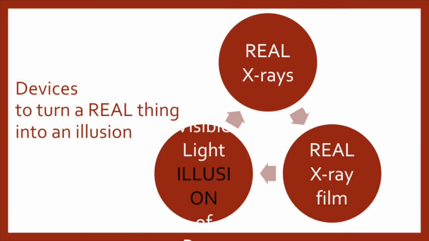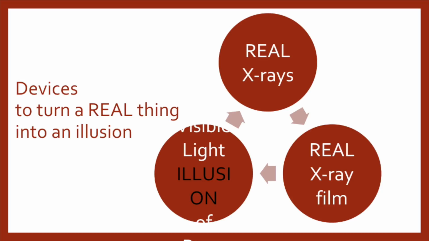So what happens sometimes is we can't see these real things like TV waves, and so we don't think they exist. But we can build a device that allows us to change that real stuff into something that's actually an illusion.